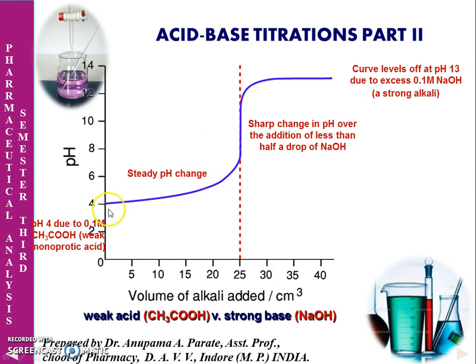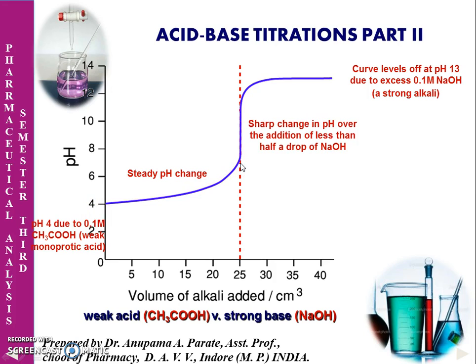When we slowly add 0.1 molar sodium hydroxide, which acts as a strong base, there is a steady pH change on account of the formation of the conjugate base from the weak acid, acetic acid. CH3COO minus, the conjugate base, results in a steady pH change which rises to around pH 6.